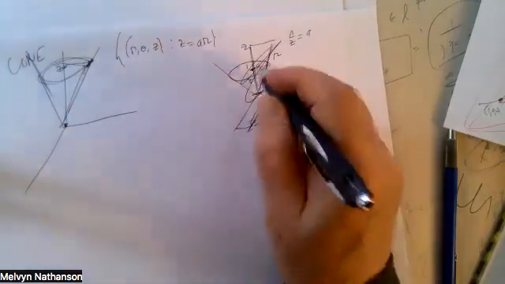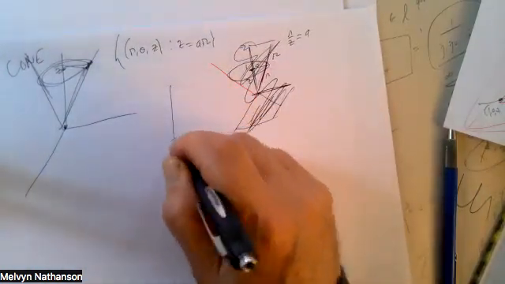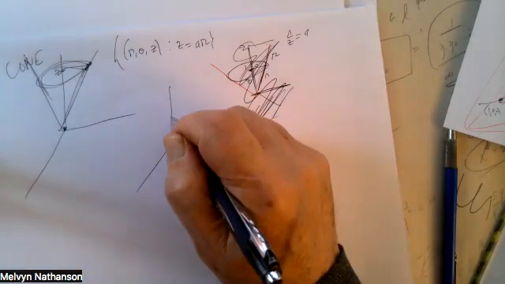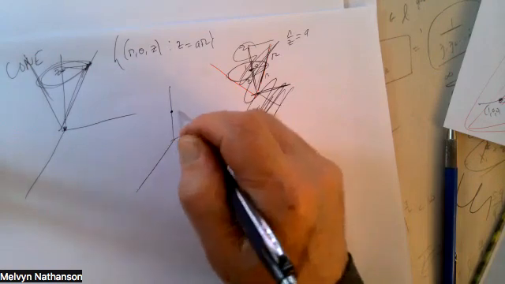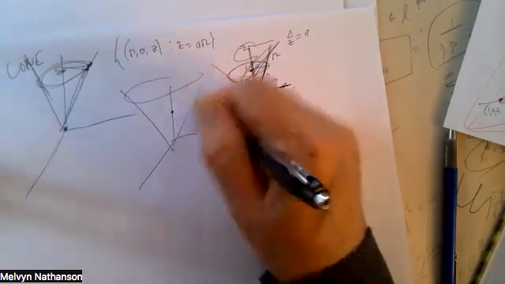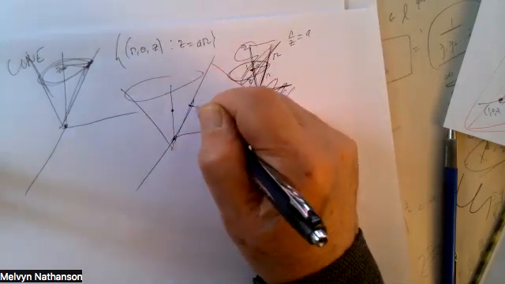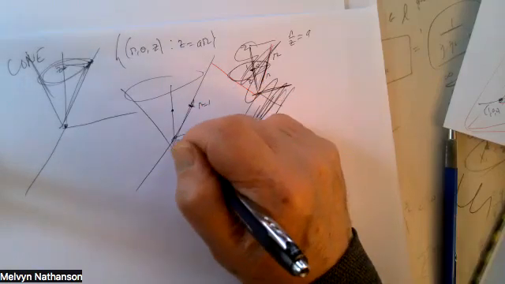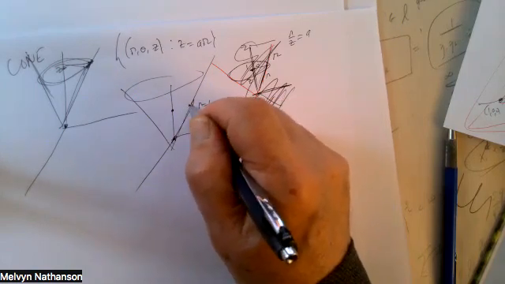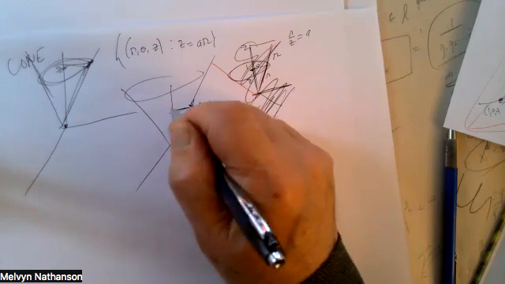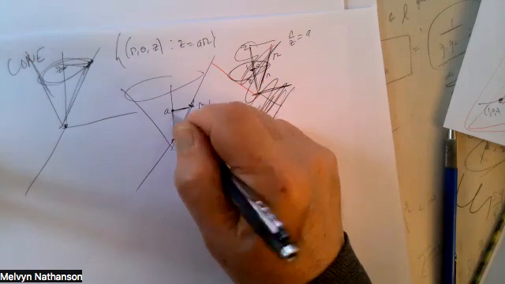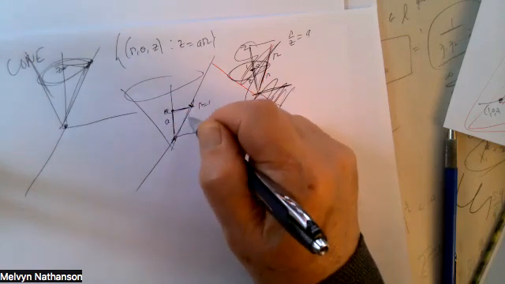Sorry, let me draw a better picture of this. Let me do this differently. So you have your cone, and you go 1 unit. This is r equal 1. So your distance is 1 from the origin, and your height is going to be equal to a. So when you're 1 unit from the origin, your height is a.